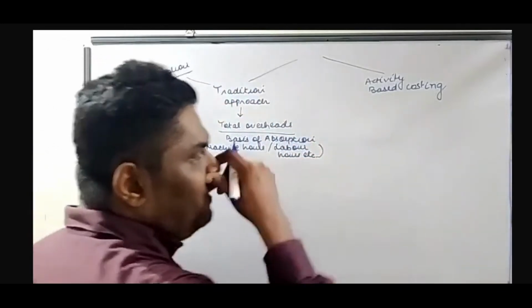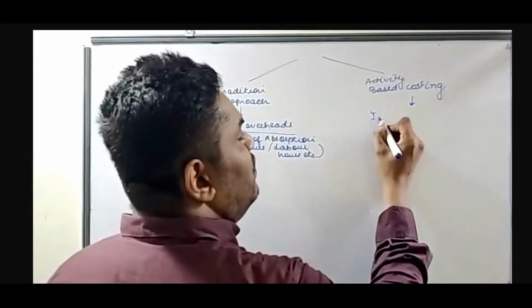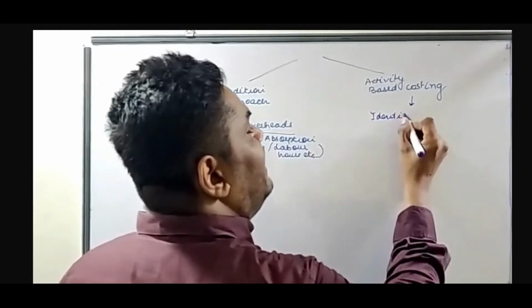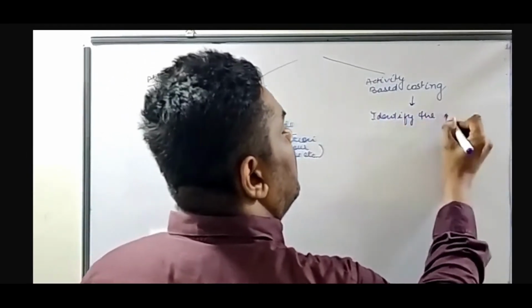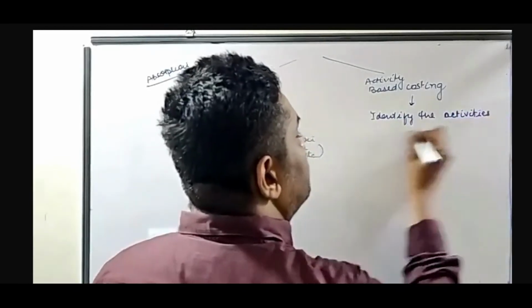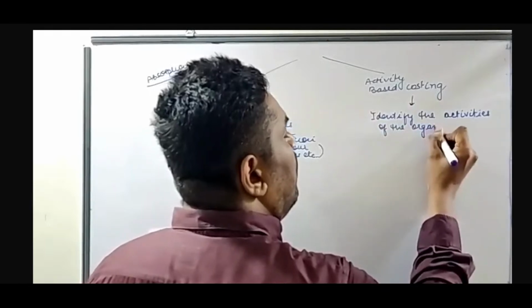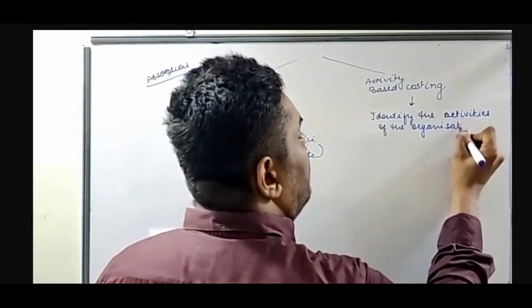But when talking about activity-based costing, first what we have to do, identify the activities of the organization.